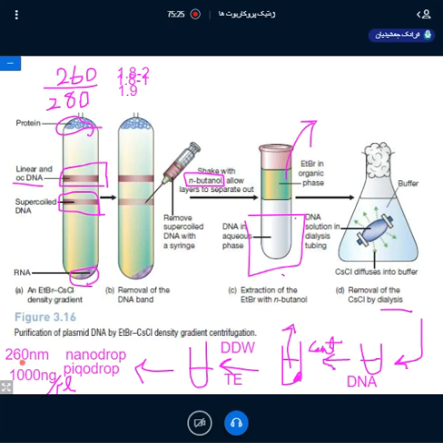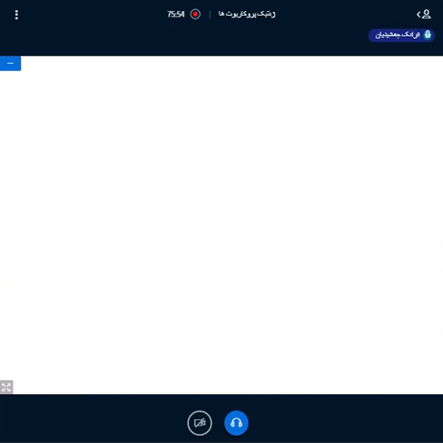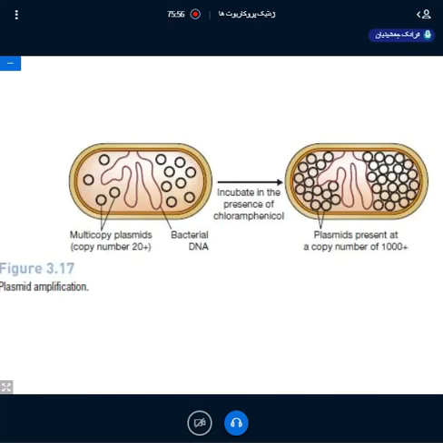So at the wavelength of 260, we can understand the amount of the DNA. We can understand the purity of DNA from the ratio of 260 to 280. If the number is about 1.8, it's good qualification, and the best number is 1.9. Okay, if you don't have any question, let's go to the next step.